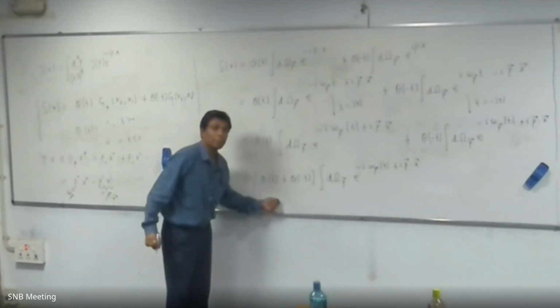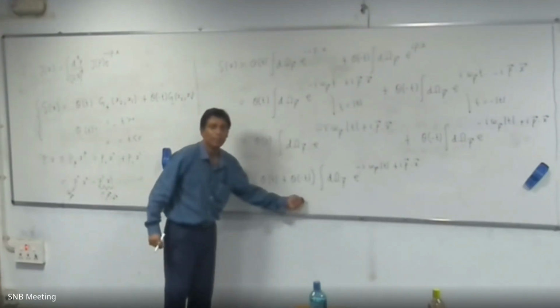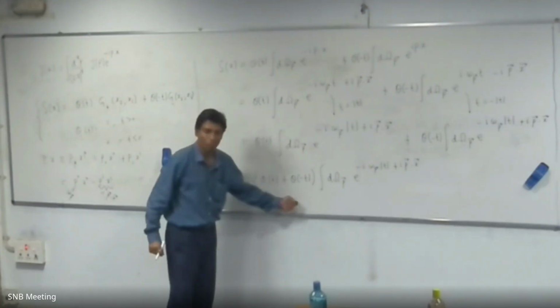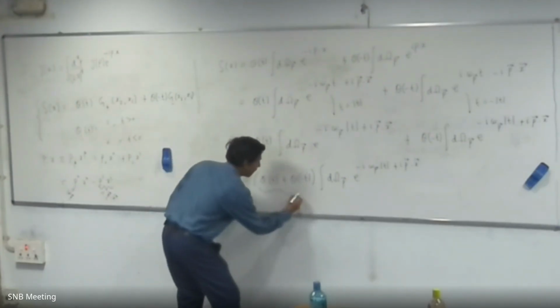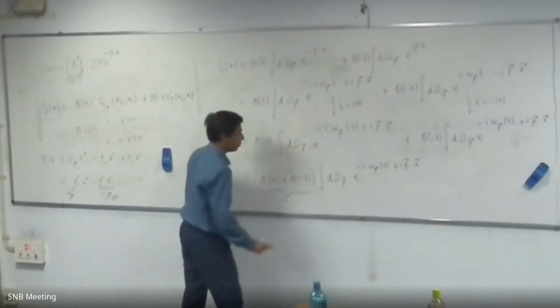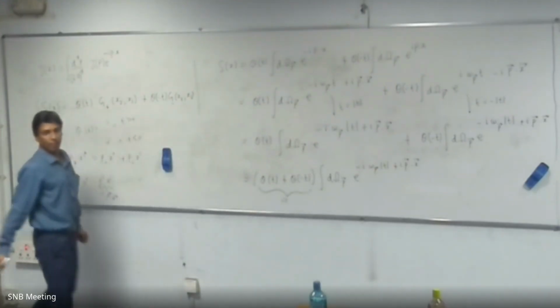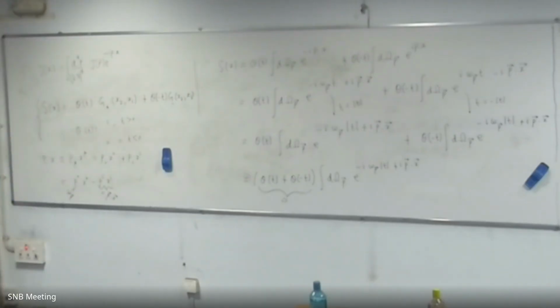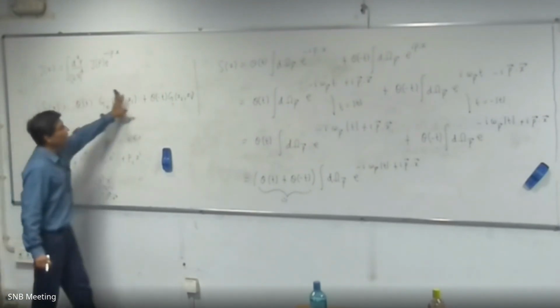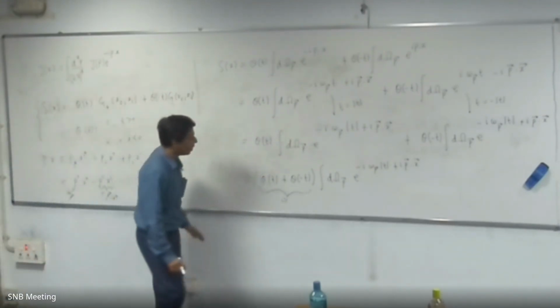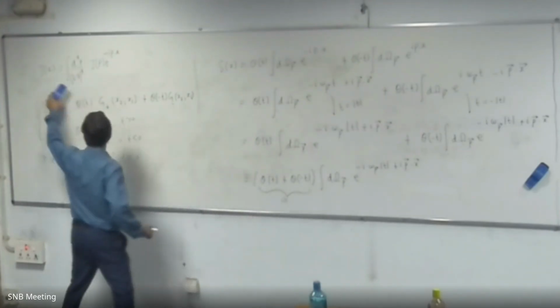But what is theta t plus theta of minus t? It's 1. So you only have these expressions. Now you have got rid of the theta function. So this function s of x that I have defined in this way is basically equal to what? Let me write down this beautiful expression here.